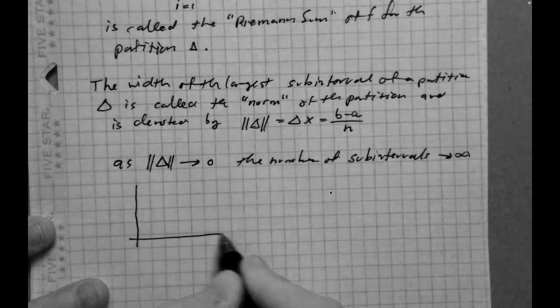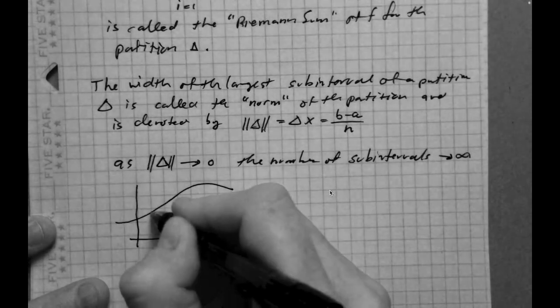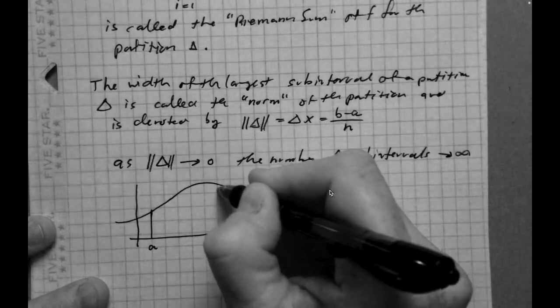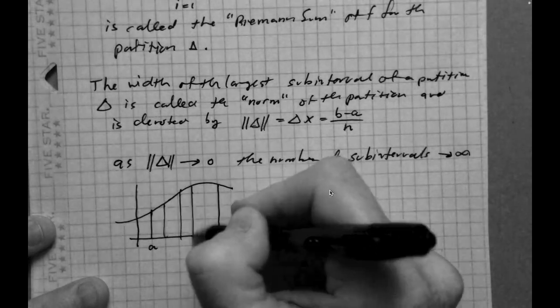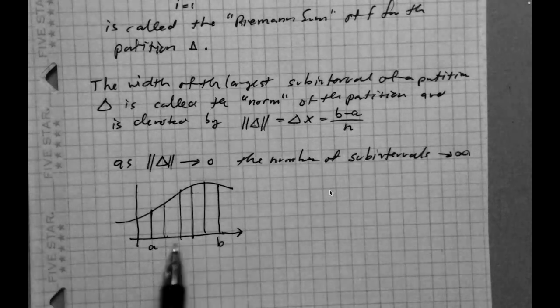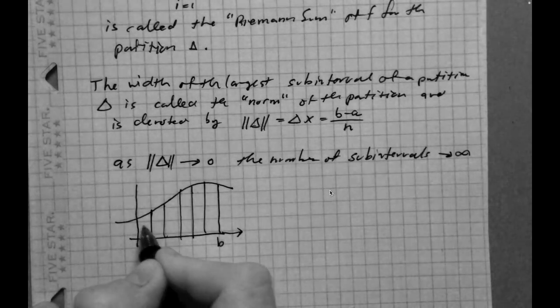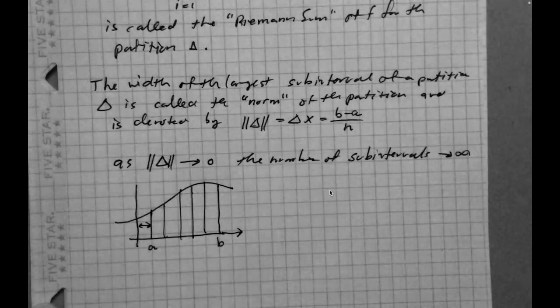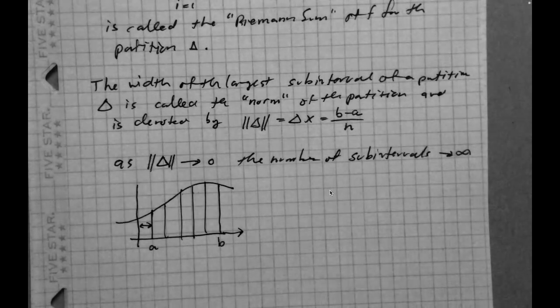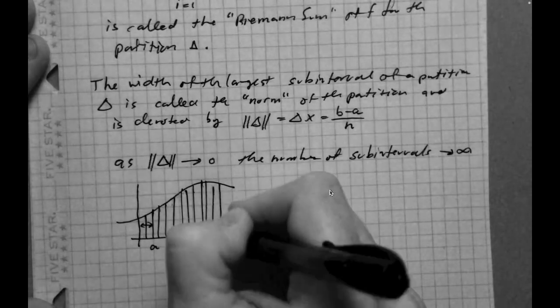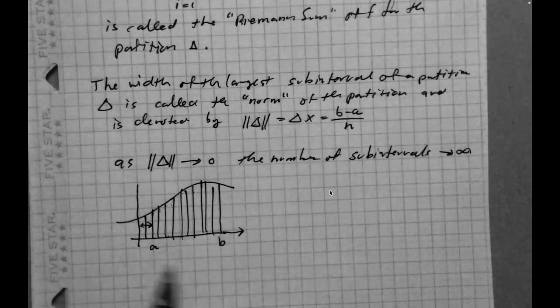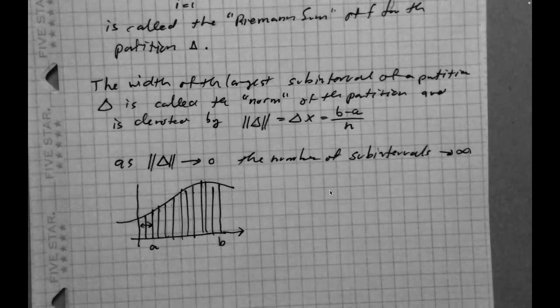So here's my xy axis. Here's my interval AB. If I start with just that many, then the width is a certain thing. Now, if the width decreases, maybe it cuts in half, then obviously the number of intervals increases.